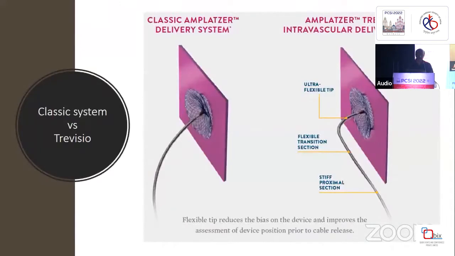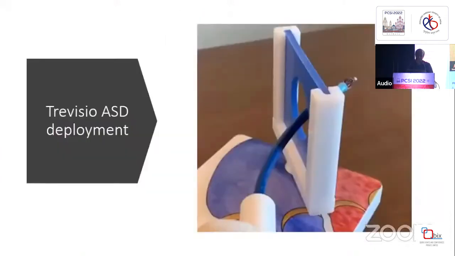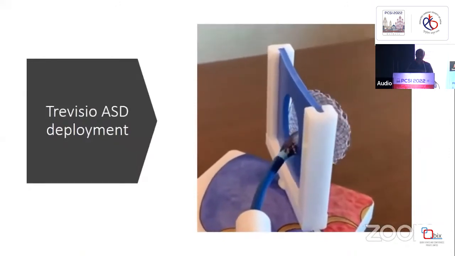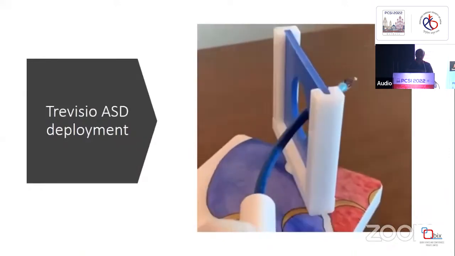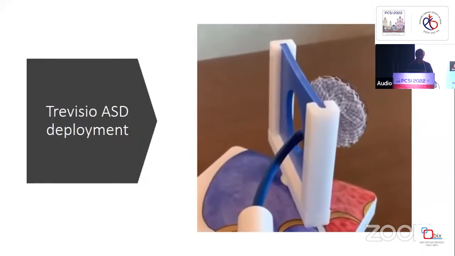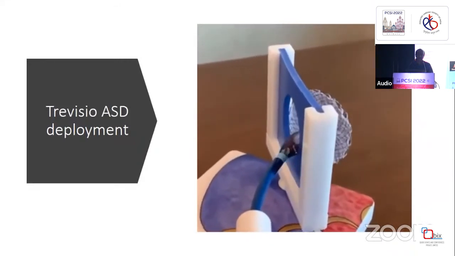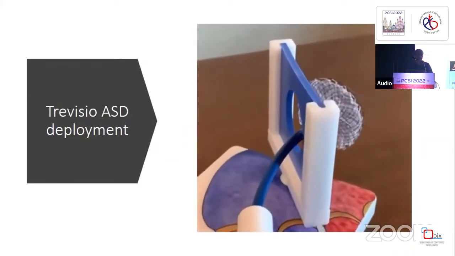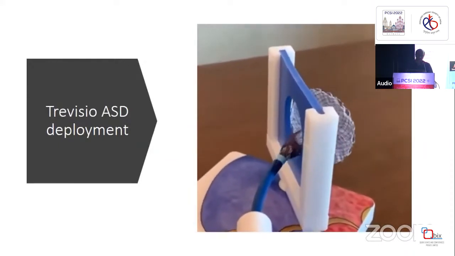And this is the difference in the alignment of the devices, the classic versus the Amplatzer Trevisio system. And this is how it will look ex vivo. It was already demonstrated, and that is the position that permits analysis of the final device position prior to unscrewing itself.